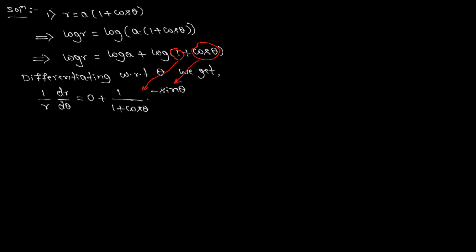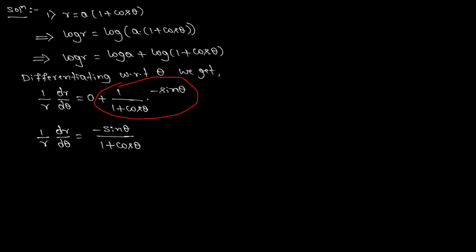So it is 0 minus sin theta. If you simplify this further, you get minus sin theta by 1 plus cos theta.